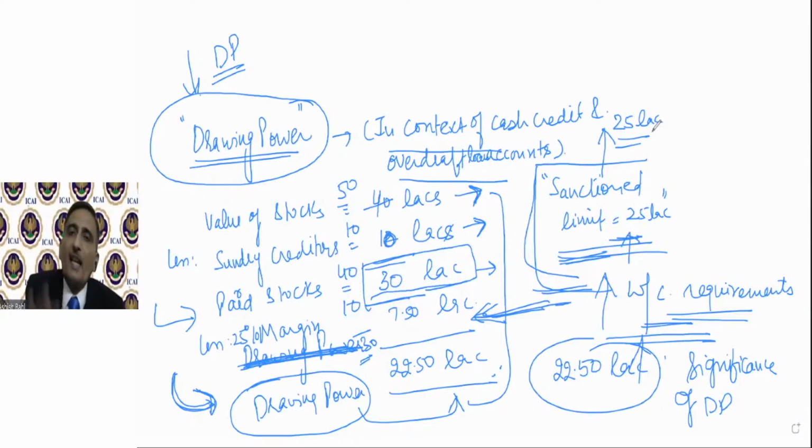So a person, a company, a trader, he cannot withdraw more than what has been sanctioned, even though drawing power is more. However, if the drawing power is less, he can use the cash credit facility only up to drawing power. Okay, is that clear to you?